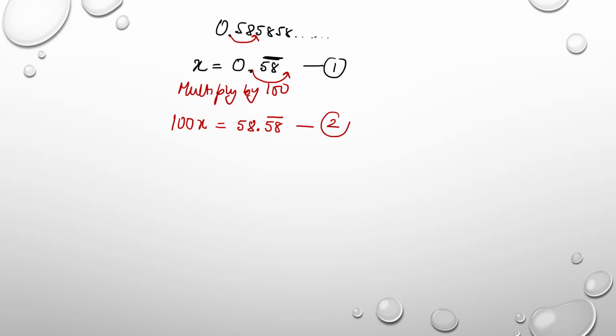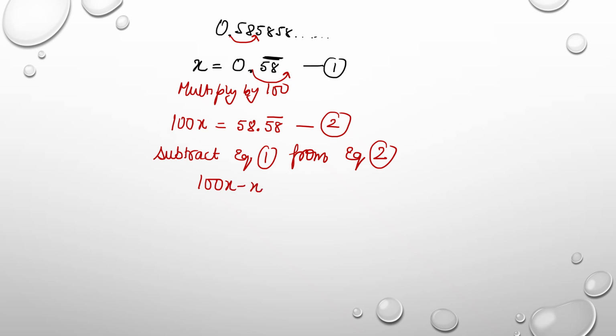So second, now which one is greater? Second is greater than the first equation. So subtract equation 1 from equation 2. This will be 100x minus x is equal to 58.58 bar minus 0.58 bar.